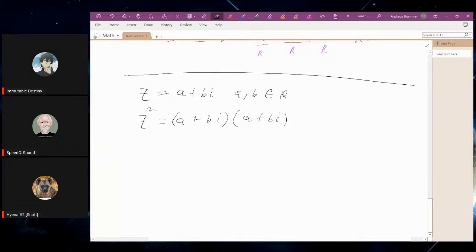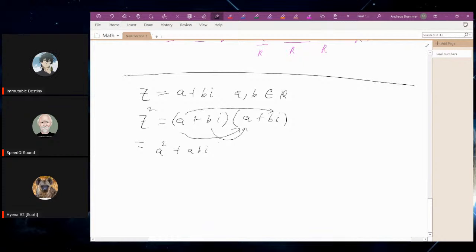and a times a is a squared, a times bi, which is abi, it's going to be 2abi, plus again b i squared.